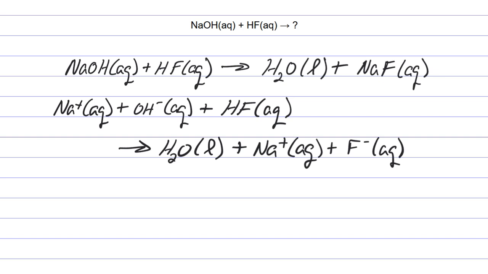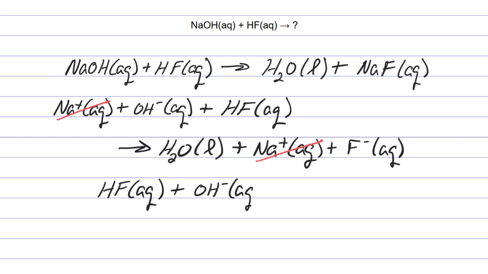So now we're going to eliminate any spectator ions. Well, there's only one. Sodium is going to disappear, but everything else is different on either side, and so it's going to stay together. And what we end up with is HF, aqueous, our weak acid, plus OH minus, our hydroxide ion.